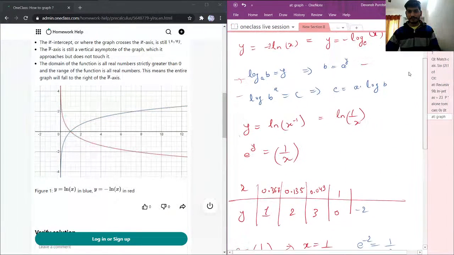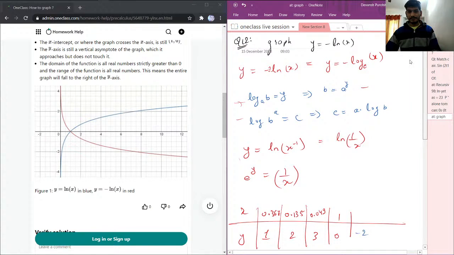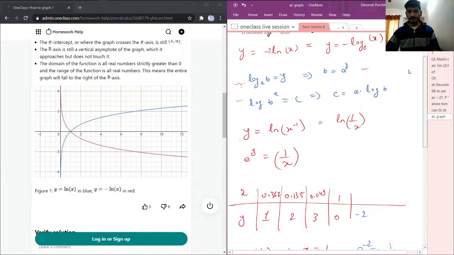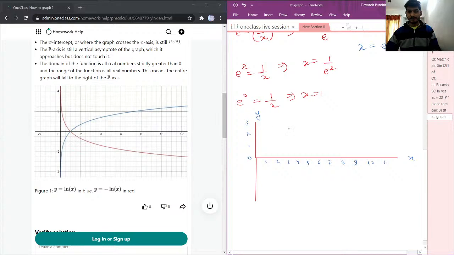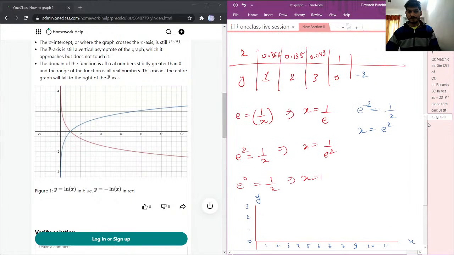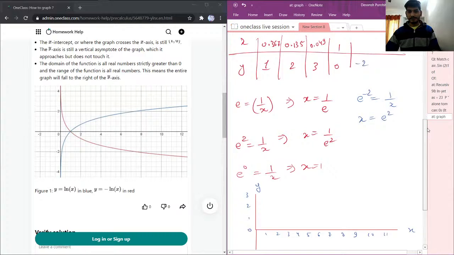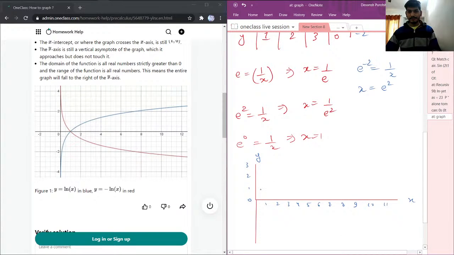Let me just cross check this solution. 1 over x here will become 1 over x, and e power y will be 1 over x. For y equal to 1, my x is 0.36, somewhere here.